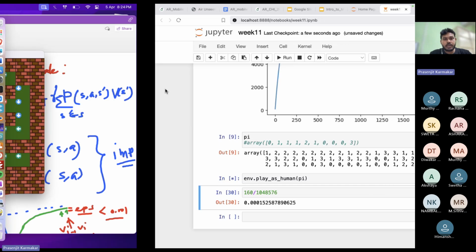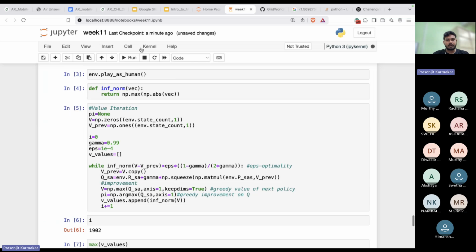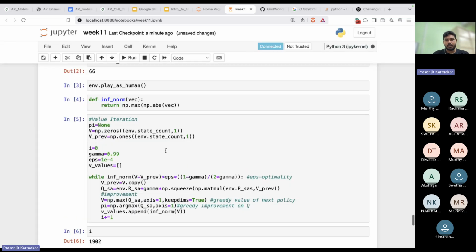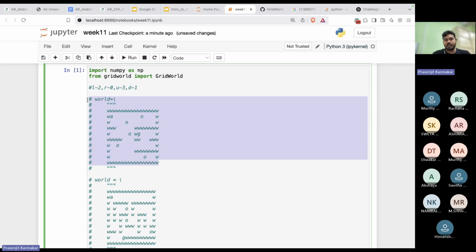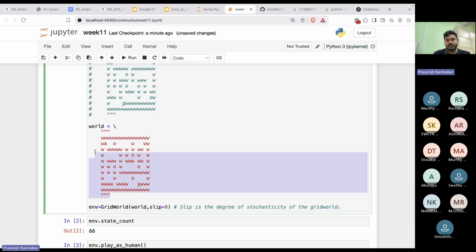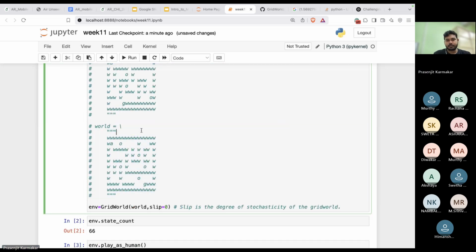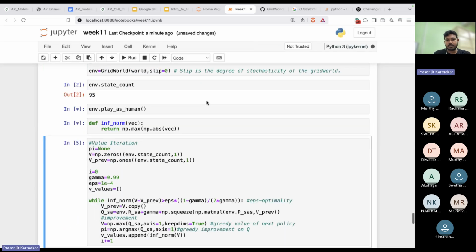Okay, so we can get it. The problem with this value iteration method is it can only solve environments which are not too complex. If I go with the previous one, a less complex environment but with more states, that is this 95 state environment, instead of this highly complex environment, I can solve it from all possible states.